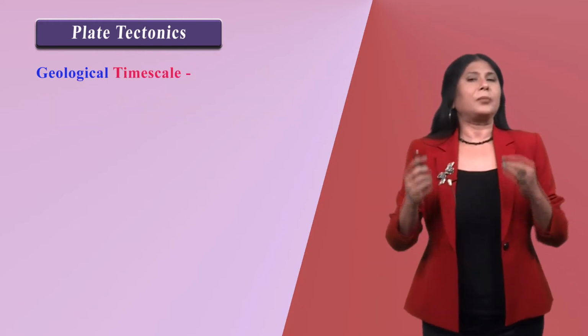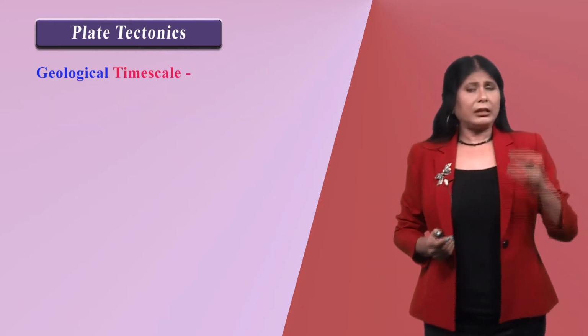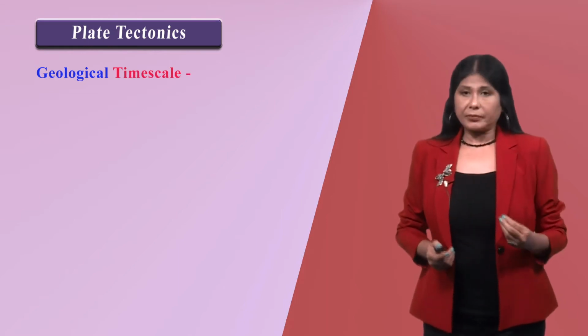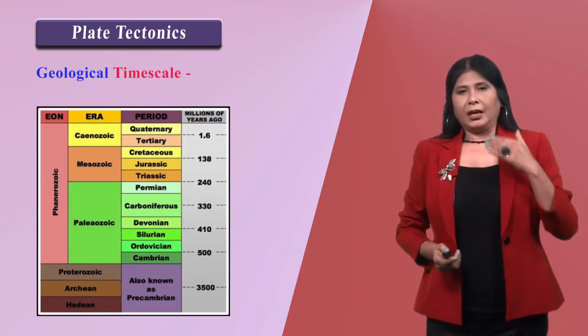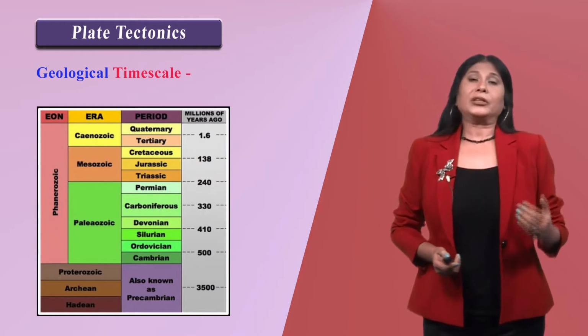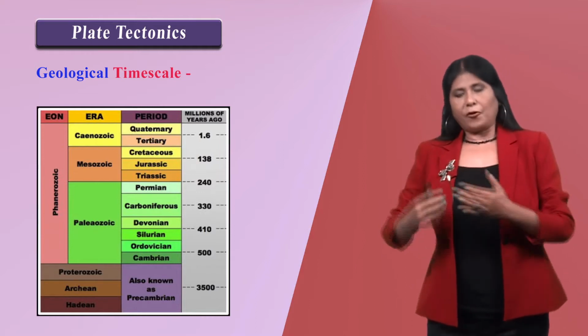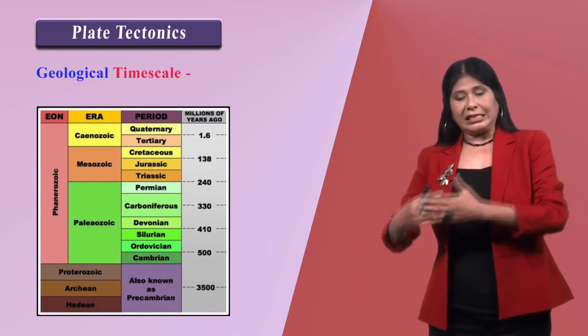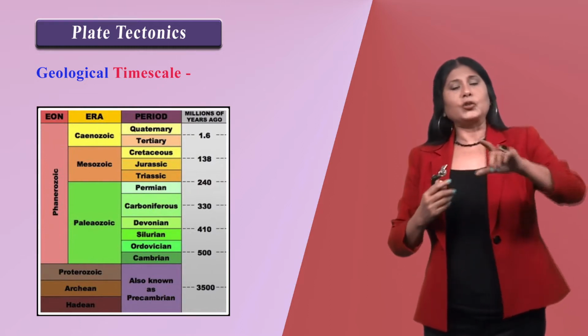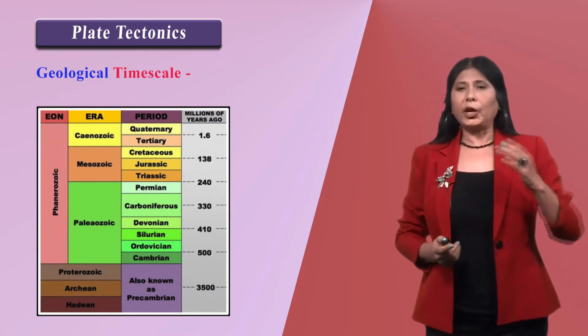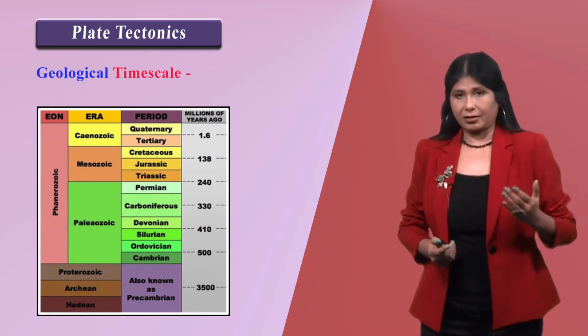In order to understand the plate tectonic theory, we definitely need to go back to the geological time scale once again. Earth was formed 4.6 billion years ago. From 4.6 billion till the present, the geologists have divided it into aeon, era and the period.